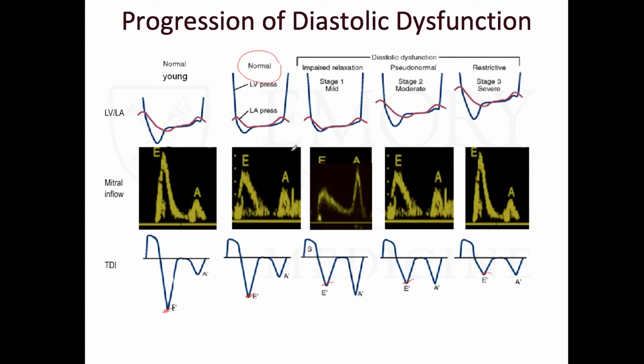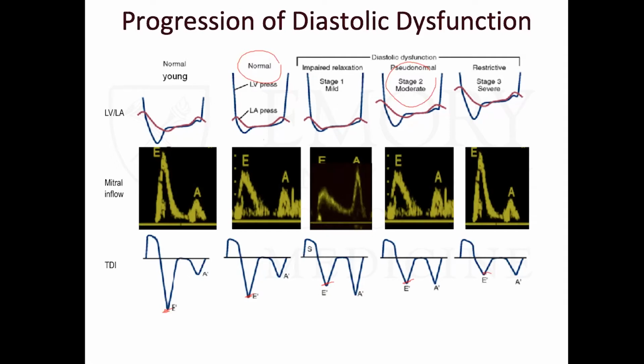If on the other hand, I see a normal E to A ratio in someone who has an abnormal heart, whether it's systolic dysfunction, valvular disease, left ventricular hypertrophy, a big left atrium, elevated pulmonary pressures, all those are clues that I'm dealing with diastolic dysfunction, and we're talking about a grade 2.